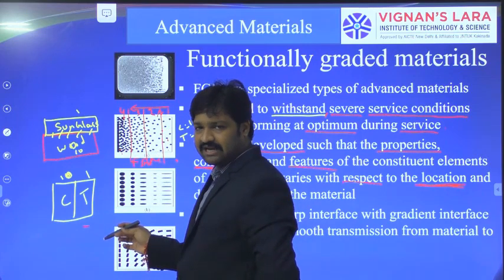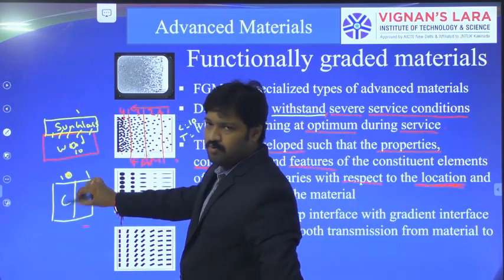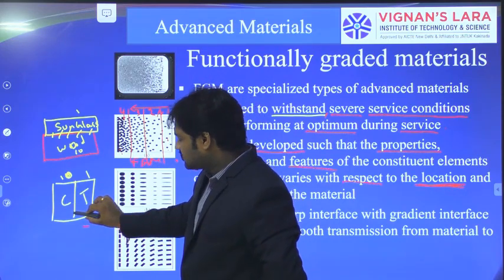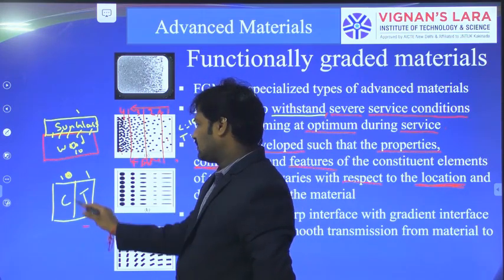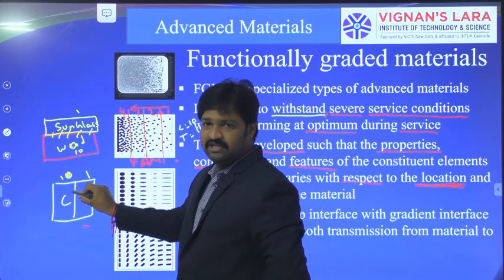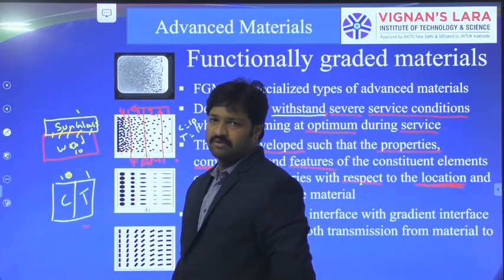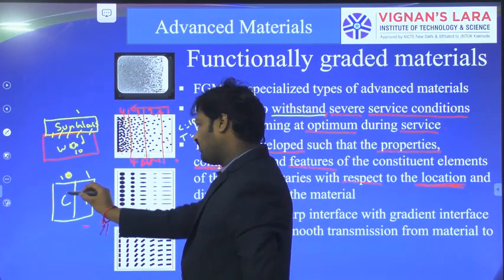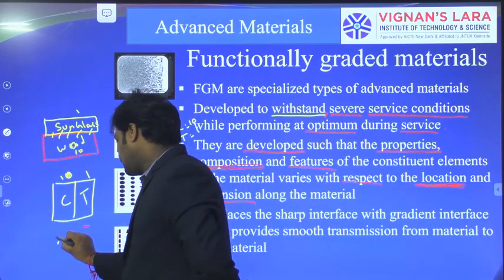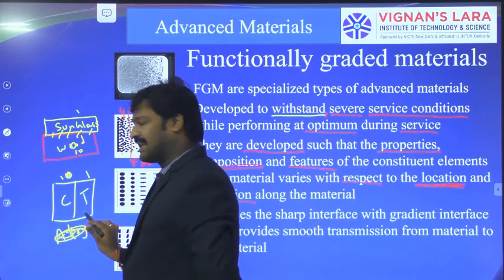So if there is a rise in temperature, the titanium will not move further, whereas the copper will move more. So there is a sharp interface, and there is a high difference between these two expansions, so that the two components will be separated from each other. So this is a regular alloy, or a regular bonding.